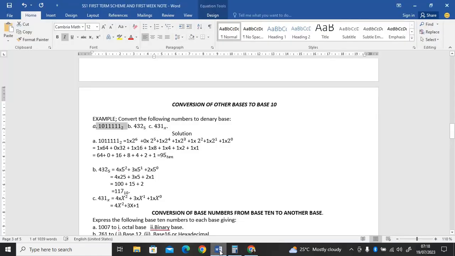Sorry for the inconvenience. Or maybe I should just type it. If it's not showing, I will type it. So let's assume you are asked to convert these numbers. You have 1, 0, 1, 1, 1, in base 2.